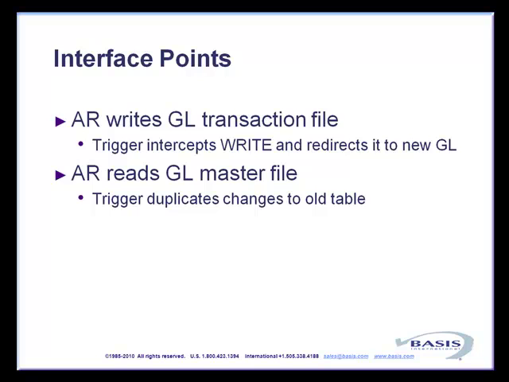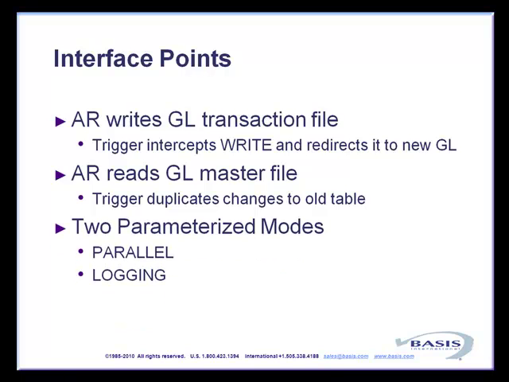with these new modules. And by utilizing the functionality of the trigger within the Basis database management system, any of the writes that took place from the old AR to the new GL are intercepted and then redirected to the new GL. And we have two parameterized modes that we can run in, either in parallel, and also we can enable logging.